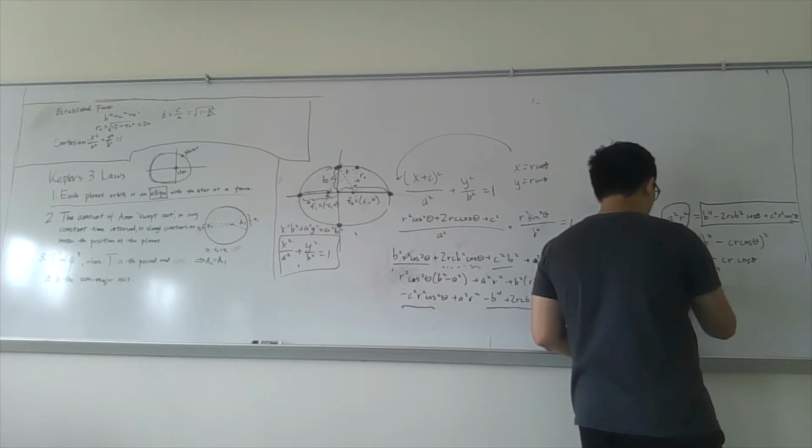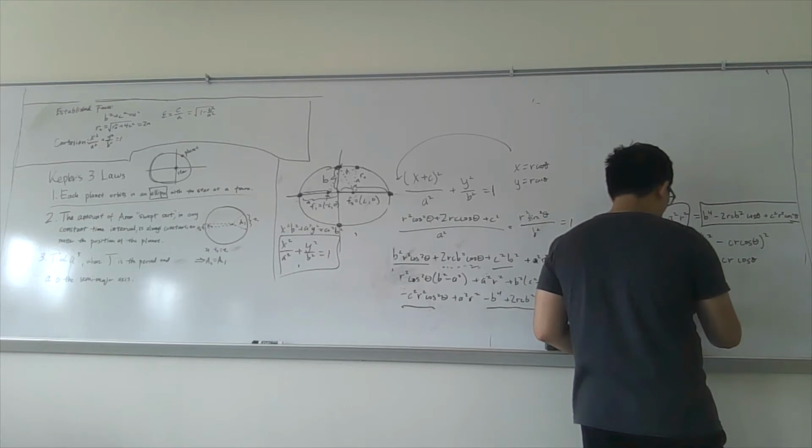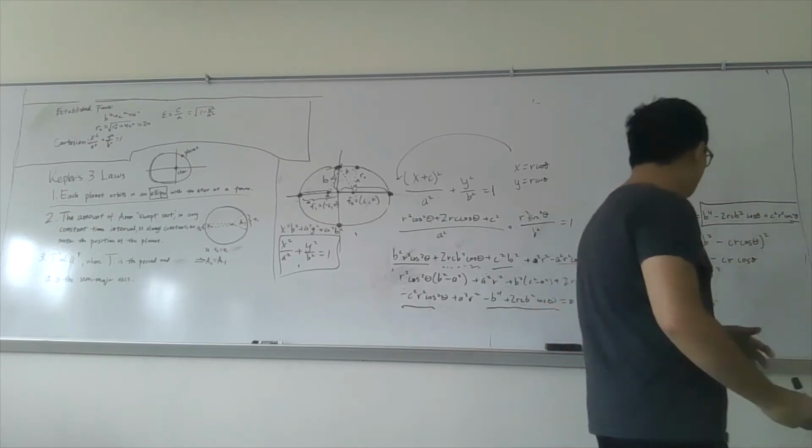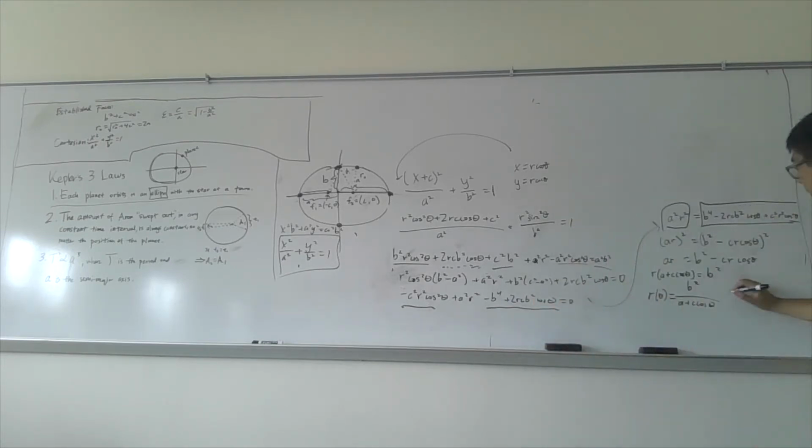We then have our equation for the elliptic polar form. Simply this, and then we can rewrite it to cancel out some more terms.